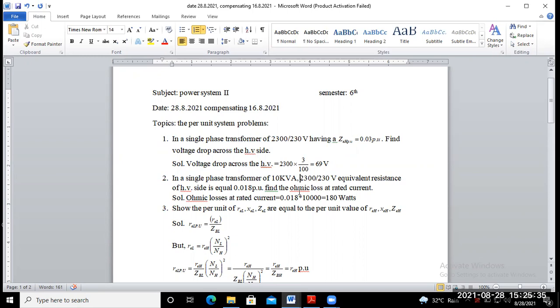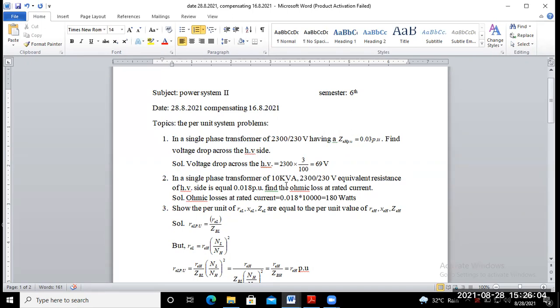The ohmic loss at the rated current is given by the per unit value of the equivalent resistance, which is directly multiplied with the power rating of the transformer. The power rating of the transformer is given as 10 kVA, so you convert that 10 kVA into volt ampere by multiplying by 1000.